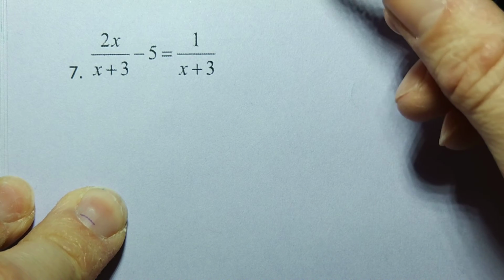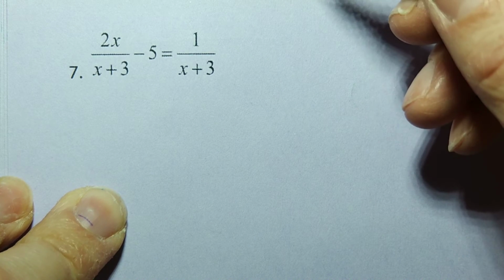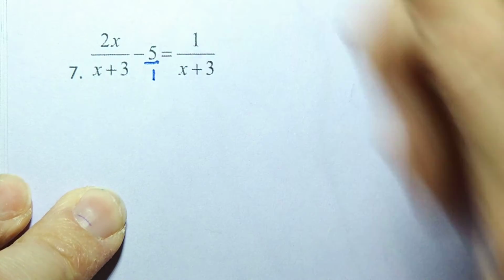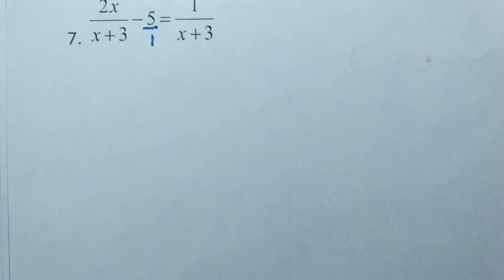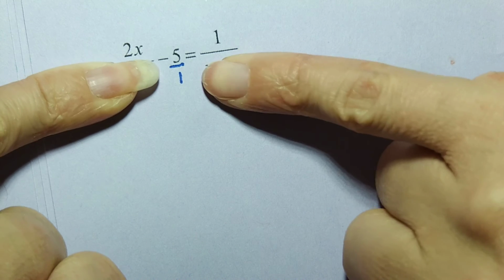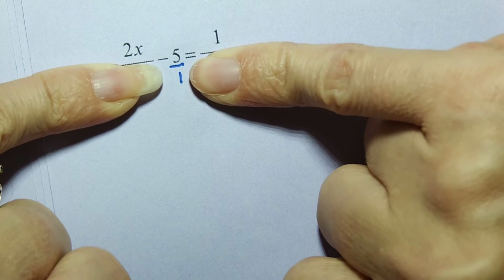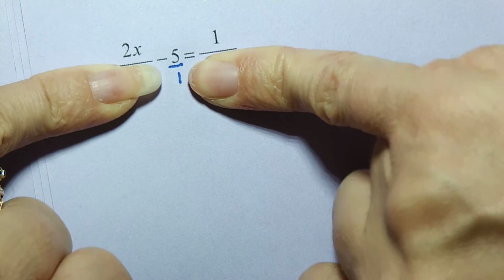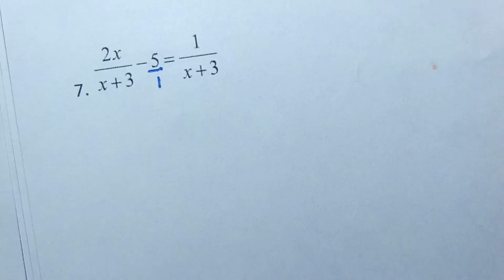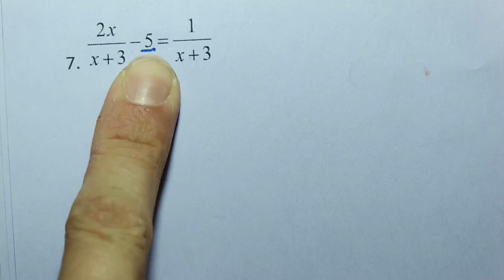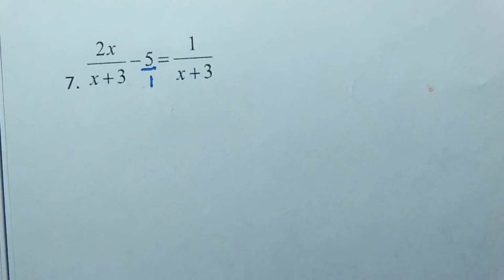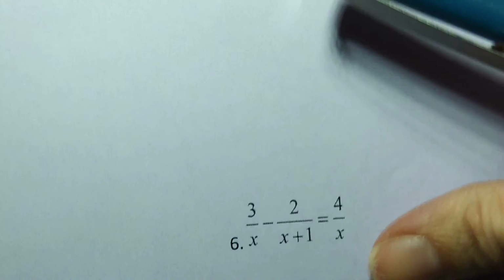X plus 3 and 1. Yep, just 1 times x plus 3. So when you multiply through by x plus 3, that's going to level out the first and the last fraction, but you'll have to take negative 5 and distribute the negative 5 to x plus 3. Okay? So that's why when I encounter a constant like that, I always like to put it over 1 to think of it as a fraction as well. So you do have to multiply every part of the equation by the LCD.